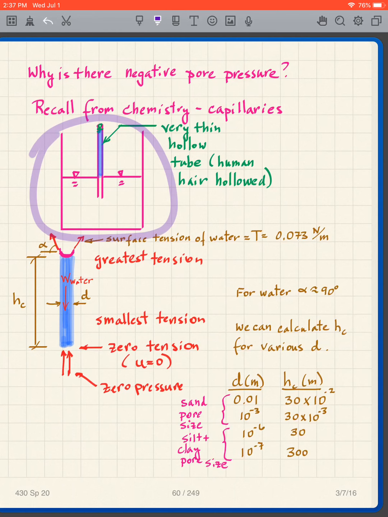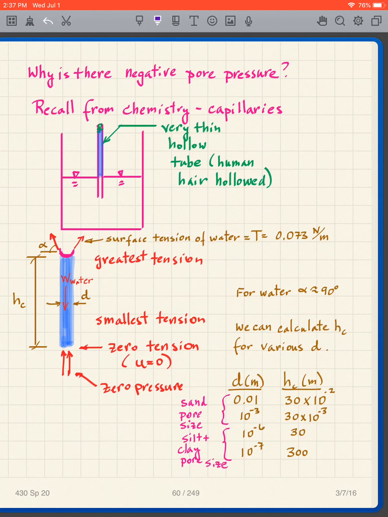Well, ignoring atmospheric, so in other words, I'm going to say the pressure here is 0. The pressure there is 0. It's atmospheric pressure, but we're just going to cancel that out for the time being. But what do I know? This is in equilibrium. In other words, it stopped moving.